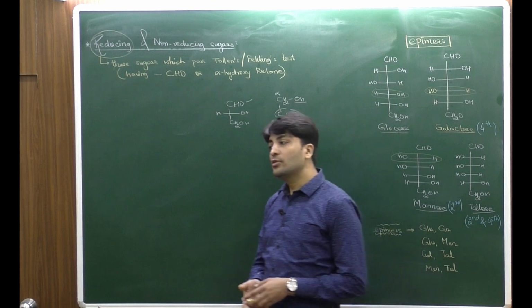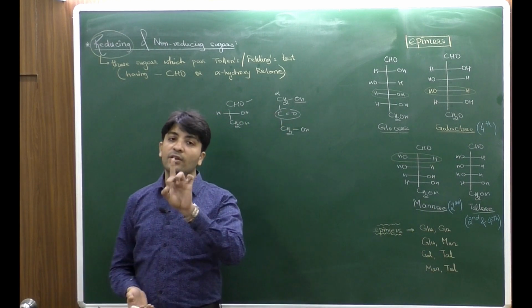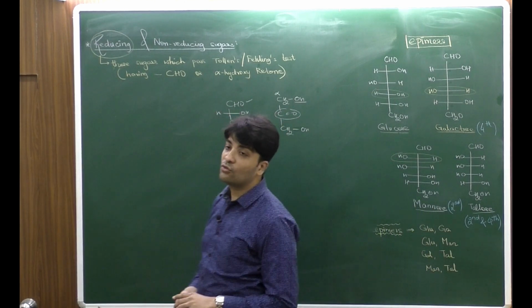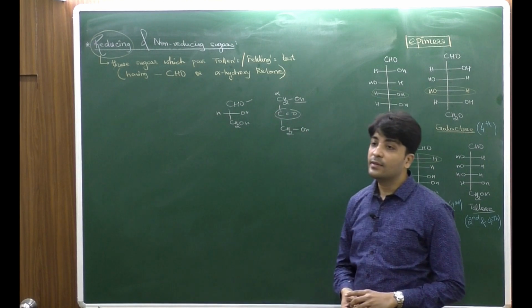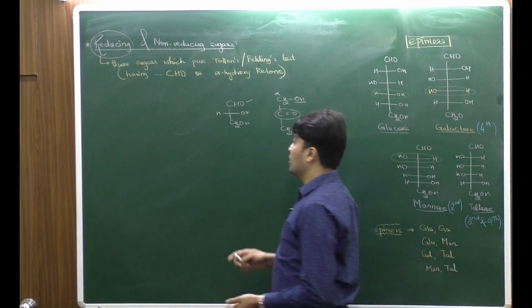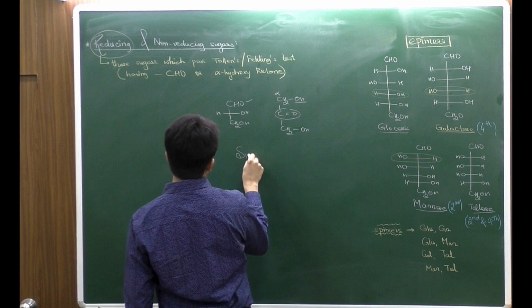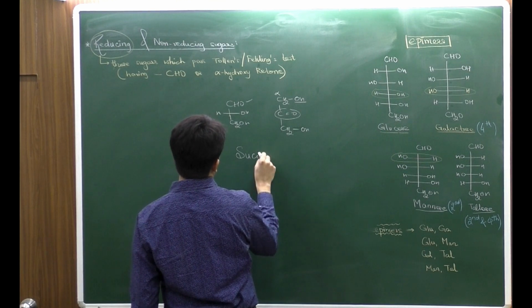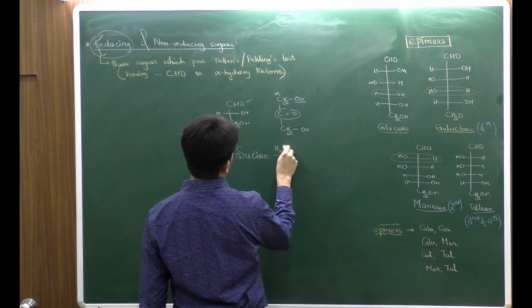Secondly, when I talk about oligosaccharides, only one of them is non-reducing, and that is sucrose. Why? Because the structure of sucrose is related to the units of glucose and fructose.